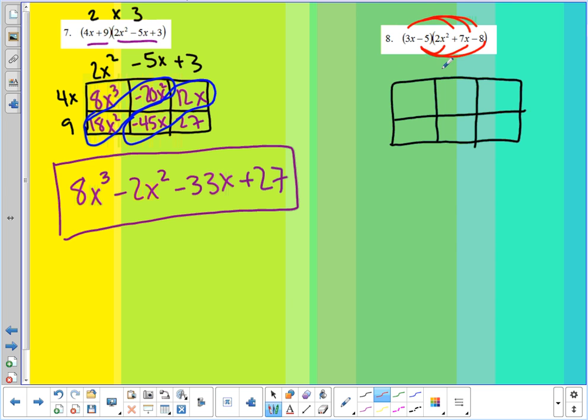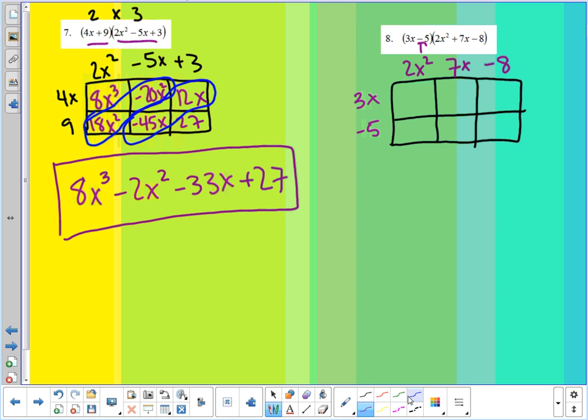You'd end up with this big long string of 6 terms. Go back and find the ones that are in common. It gets a little messy. The box is just a really nice way for us to organize it. So that's what I'm going to use. So I have 3x, negative 5, don't forget to take that negative with it, 2x squared, 7x, and negative 8.